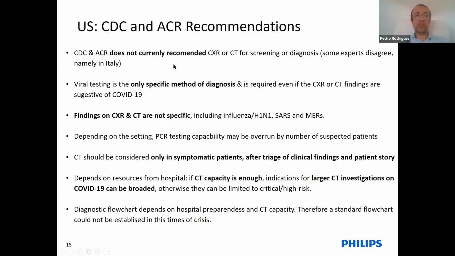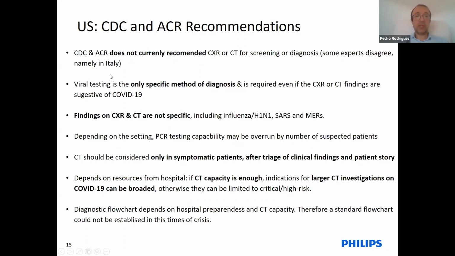So as of today, in the US, a little bit now time to review this. The CDC and the ACR recommendations are that CT is not currently recommended, nor chest X-ray, for screening or diagnosis. Although there are experts who disagree, because this depends a lot on the PCR.